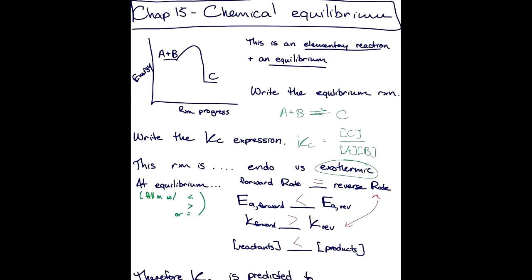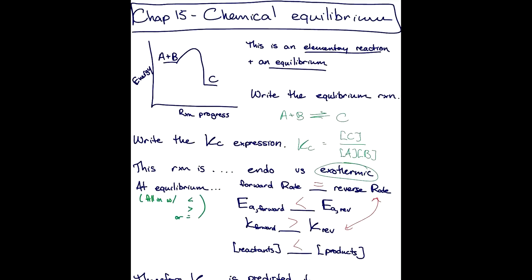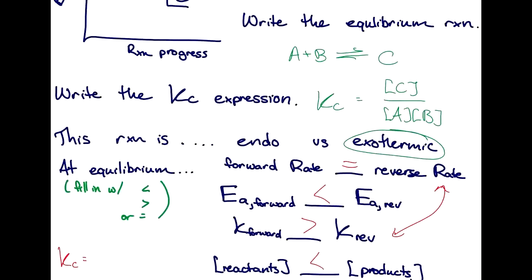All right, so remember, there's two ways we can calculate the equilibrium constant. What's the one we always do? Products over reactants. That's one way, but what's the other way? Kf over Kr. Forward rate constant over reverse rate constant.